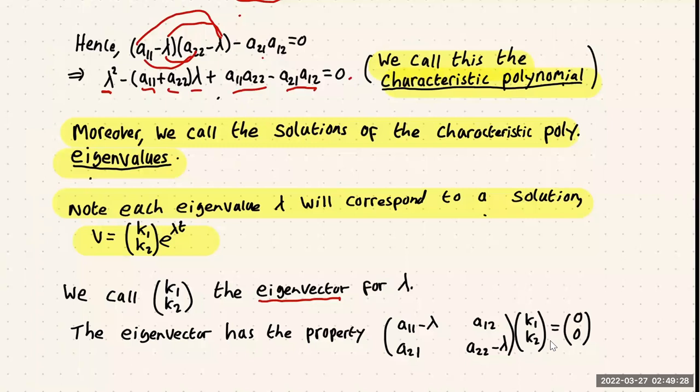We call the vector k1, k2 the eigenvector for lambda. The eigenvector has the property that when you multiply our matrix here by the eigenvector, you'll get 0, 0.